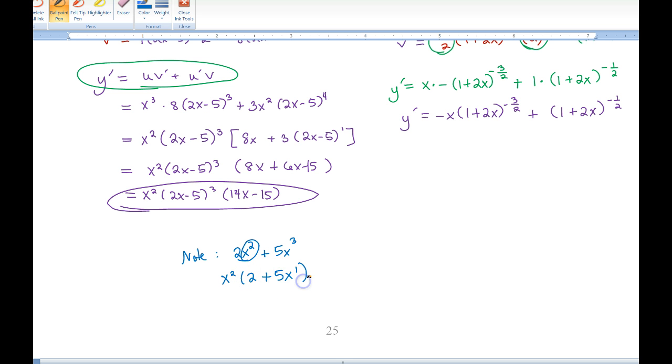Well, how did you really get that 5x to the first? Well, you're really subtracting exponents, right? Because when you factor out x squared, it's really like you're dividing each term by an x squared to get what's inside of the parentheses. So those cancel, so that gives you 2, and 5x to the third over x squared, that's going to give us a 5x to the first on the inside here.